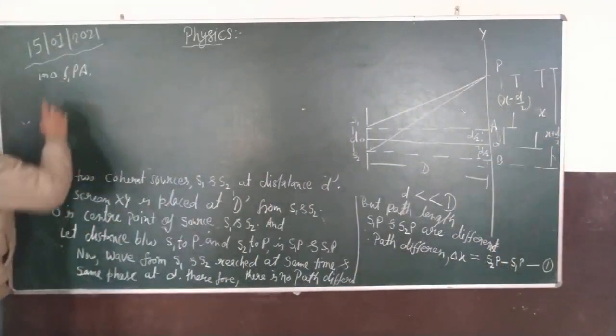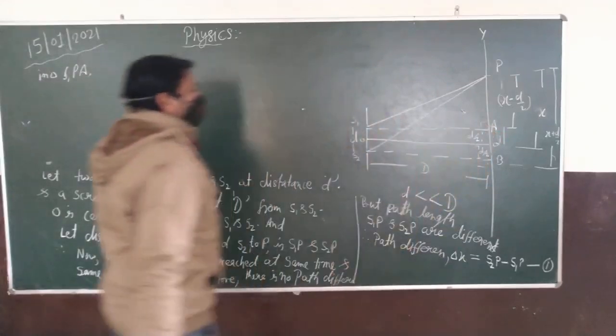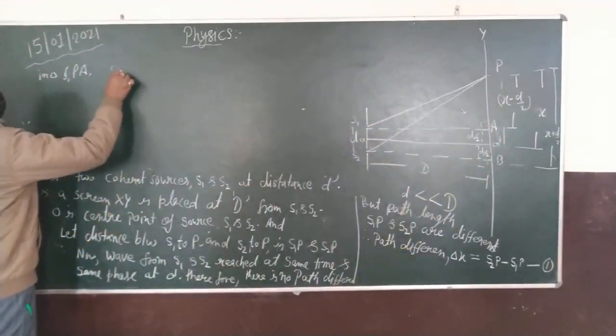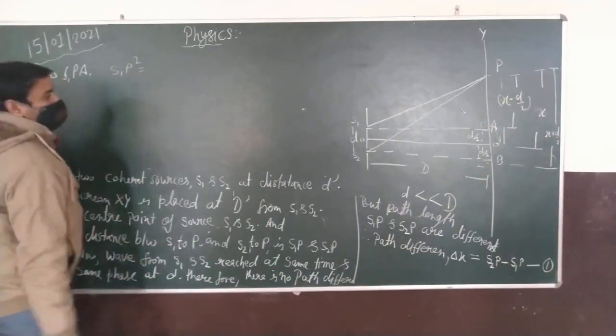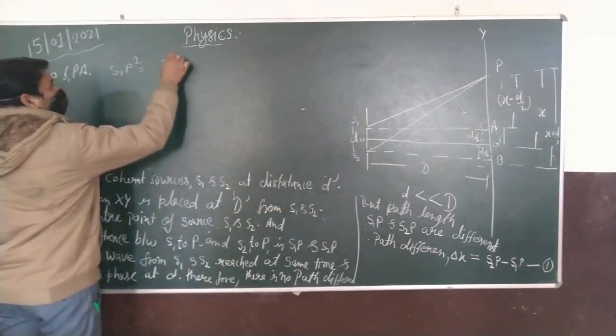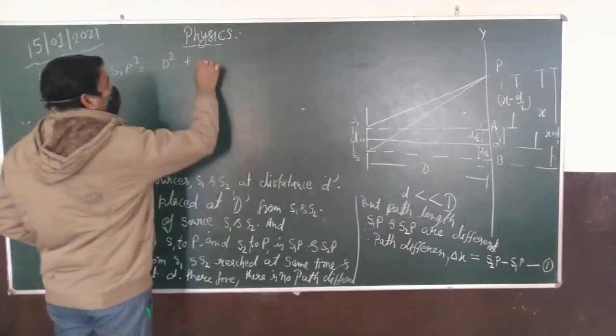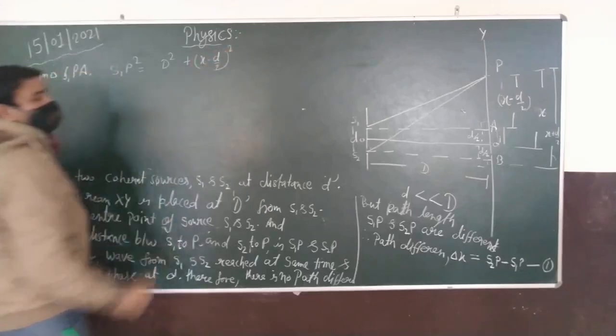Therefore, in triangle S1PB, by using Pythagoras theorem, we will calculate S1P square is equal to D square plus (x minus d by 2) whole square.